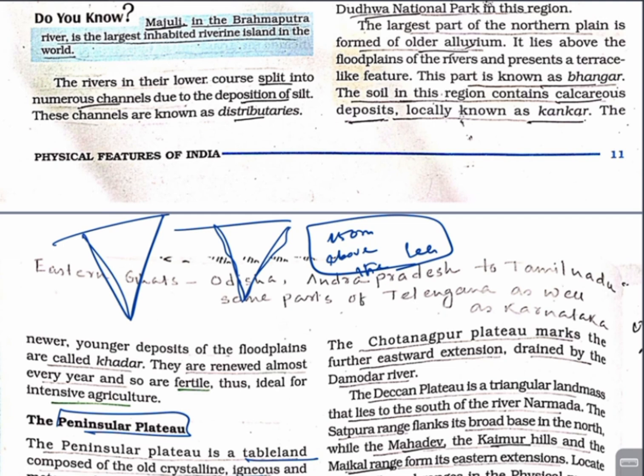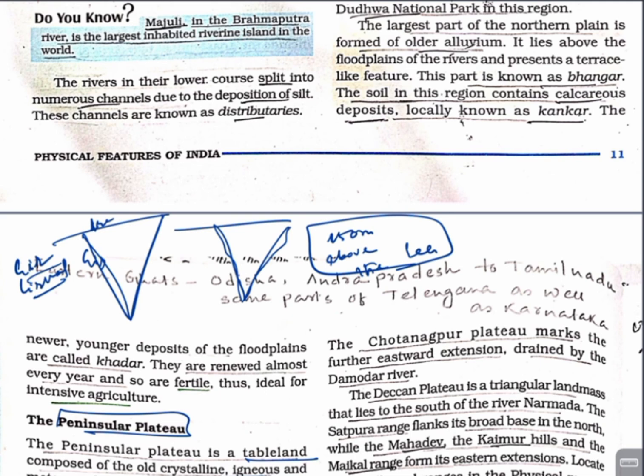Before going to the ranges, I will talk about the boundary of the peninsular plateau. Aravali in the north, Girnar in the west, Rajmahal Hills and Karbi Anglong Plateau in the east, and the Coromandel Hills in the south.